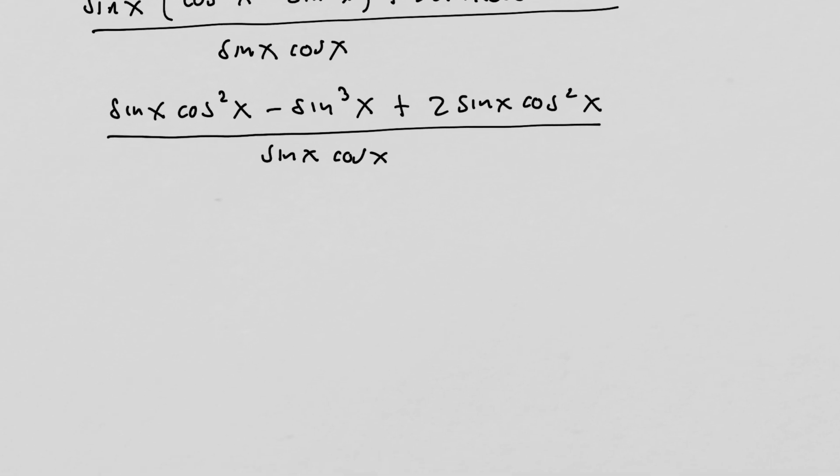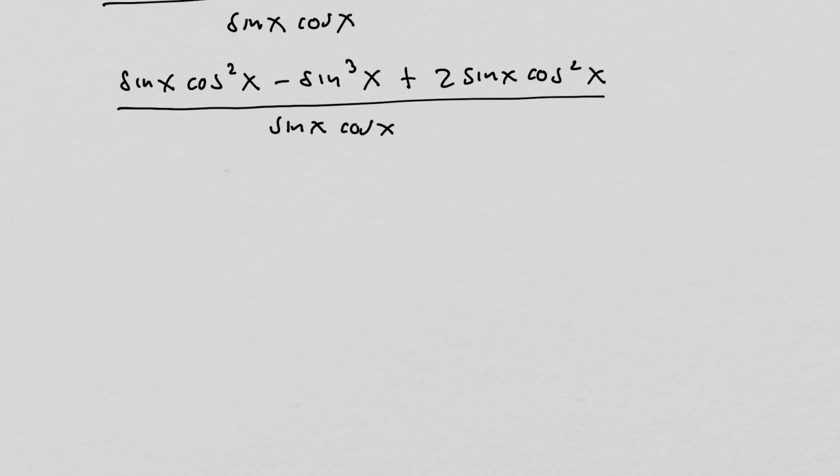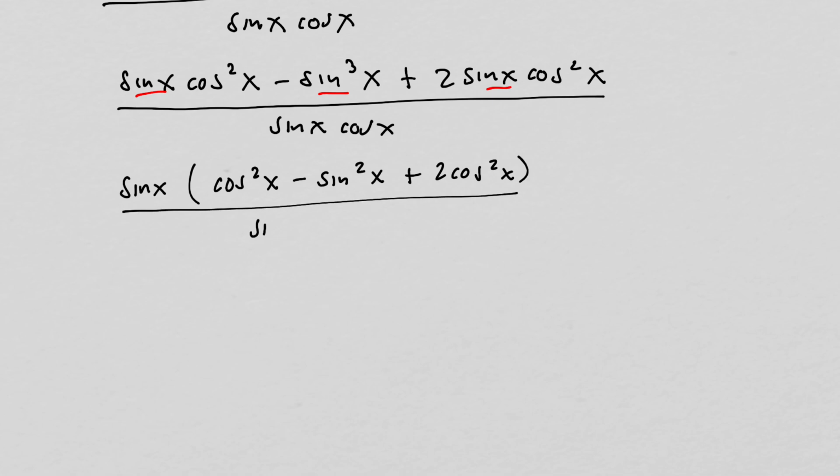Okay, it's getting a little messy, but one thing you should see is that we have a sine of x in all three terms. So we can factor out a sine of x, and then we'll have cosine squared minus sine squared plus 2 cosine squared, all divided by sine x cosine x.